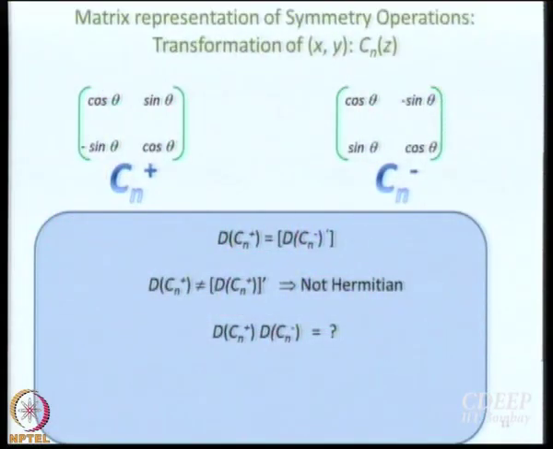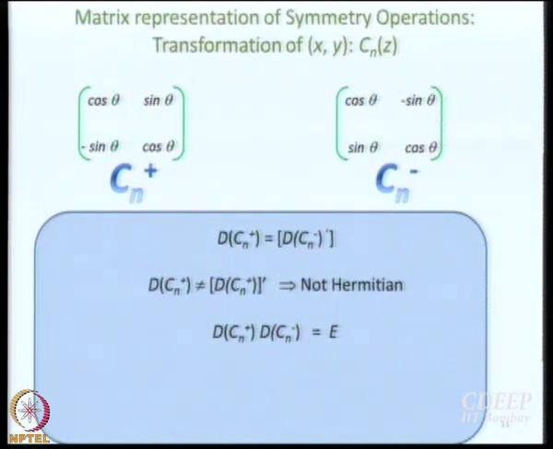Multiply together and see. First row, first column, what is it? Cos theta into cos theta plus sin theta into sin theta, cos square theta plus sin square theta. What is cos square theta plus sin square theta? 1. So first row, first column is 1.